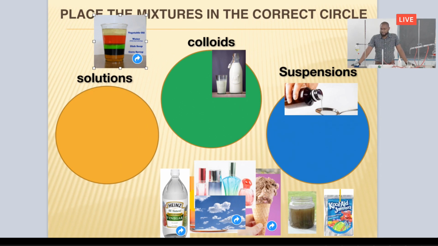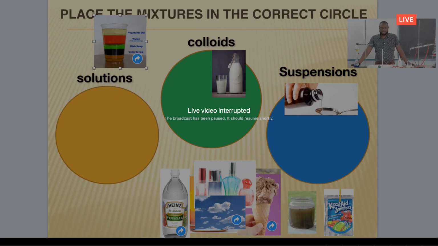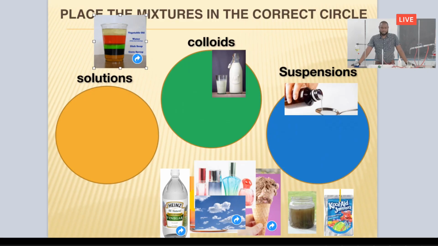So using that piece of information, is it a solution, a colloid, or a suspension?